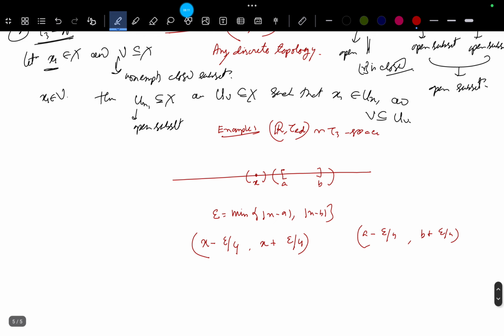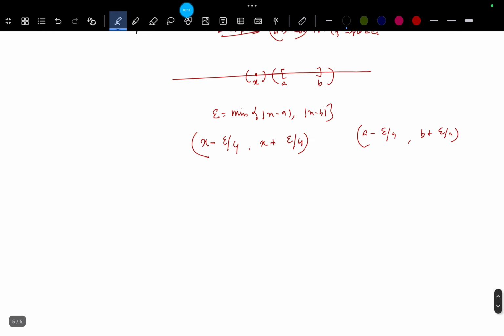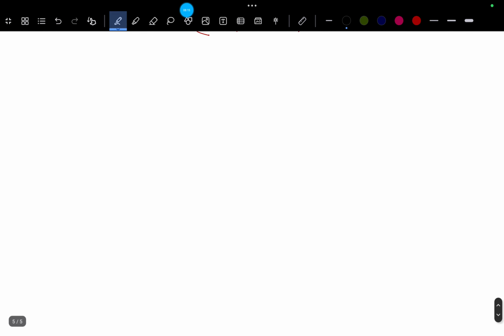And finally another one, there is something called a T4 space. Here basically any two disjoint closed subsets can be distinguished with disjoint neighborhoods. For example, consider V1 and V2, closed subsets, of course non-empty.